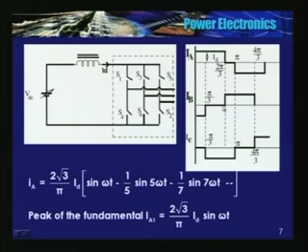S1 turned off, S3 turned on, and it remained on for another 120 degrees. So when S3 turns on here, that phase is off for 60 degrees. And here S6 is on.